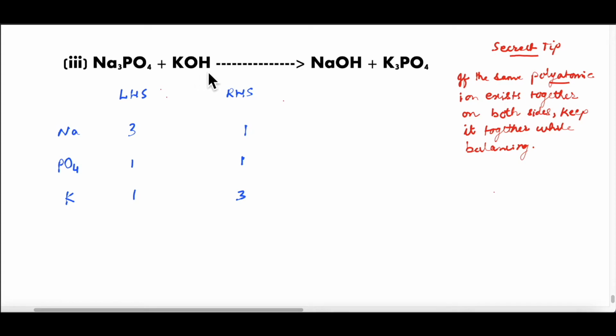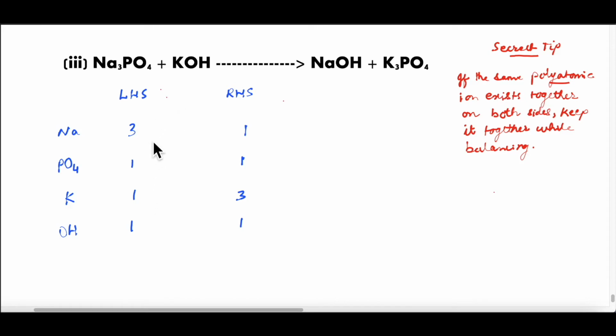Then for this polyatomic hydroxide ion OH, we will put it together. So we have 1 hydroxide on the reactant side and 1 hydroxide on the product side as well. Now let us balance it. We know that to balance the chemical equation, we should start with the element that contains maximum number of atoms.